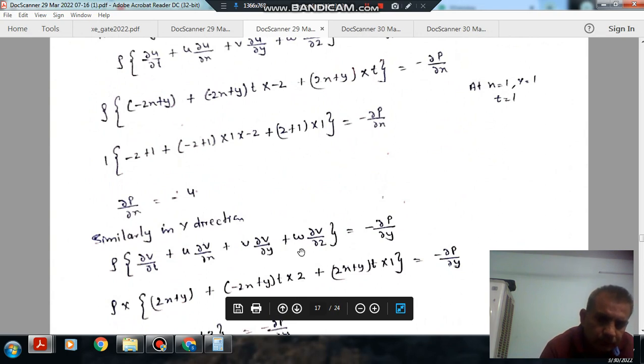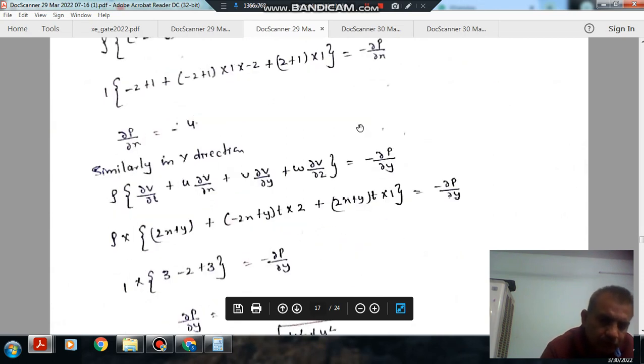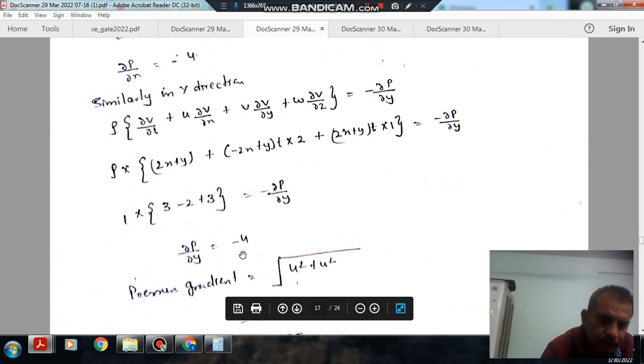So now at x = 1, y = 1, we have ∂p/∂y equal to -4.